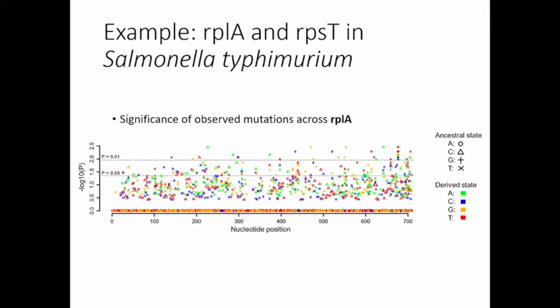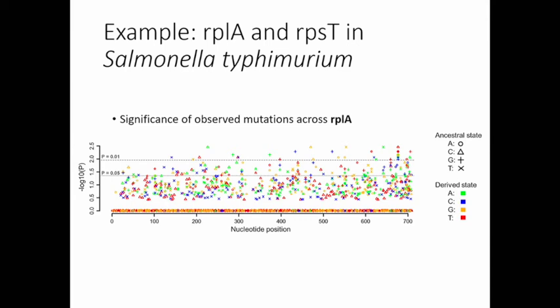So this is nucleotide position across rplA. At each of those sites, whatever mutations we see have occurred throughout the phylogeny that we've built, we've tabulated how many times those mutations have occurred independently. There's a whole bunch of different mutations, and you may see multiple changes back and forth, all kinds of things going on at a single site throughout the phylogeny.